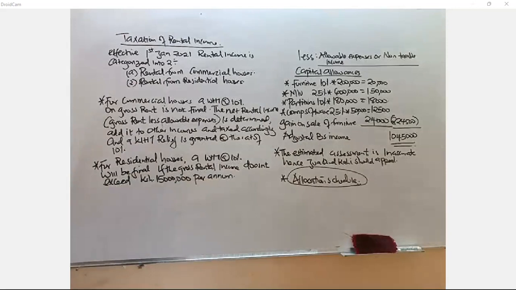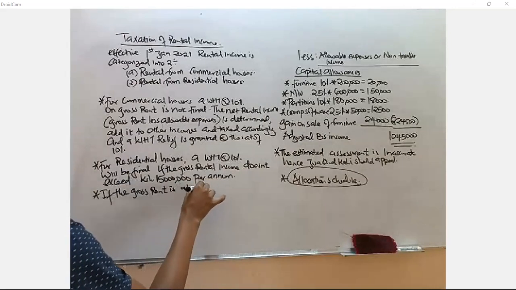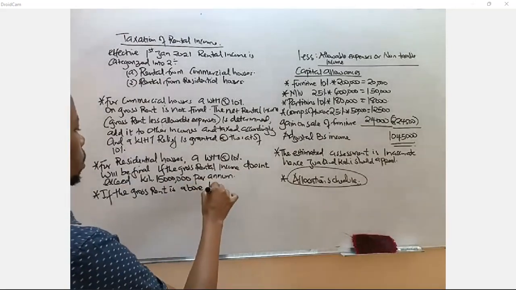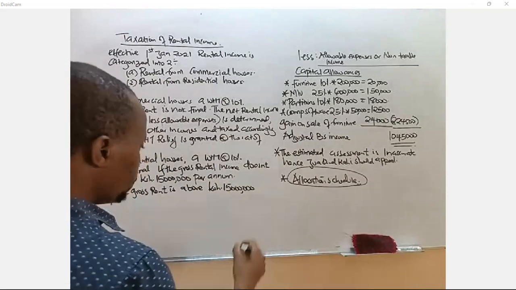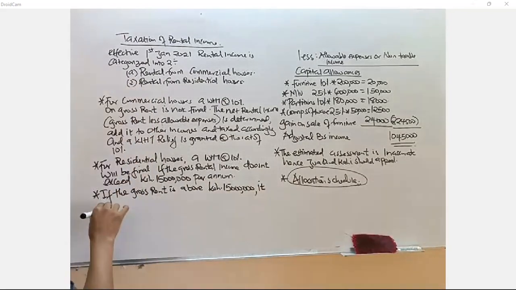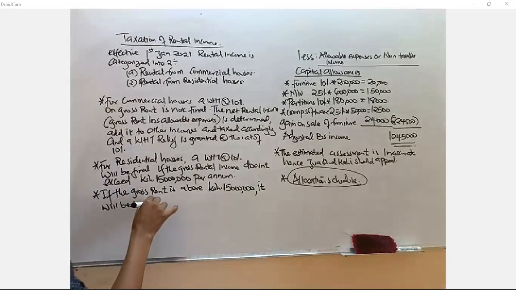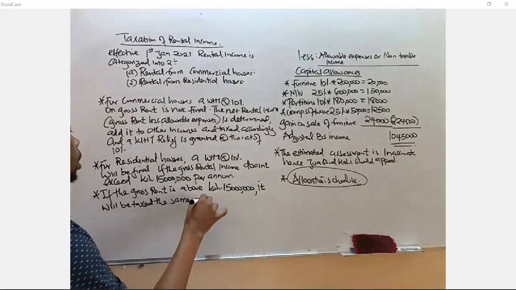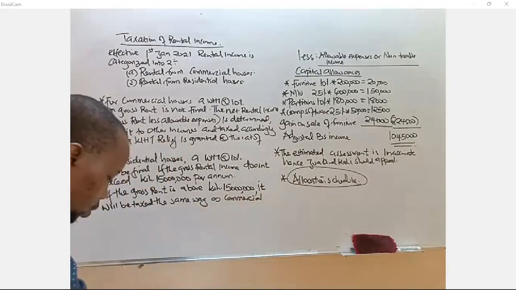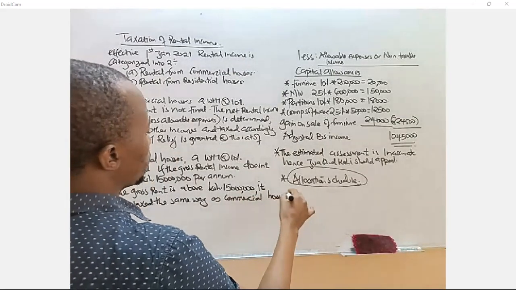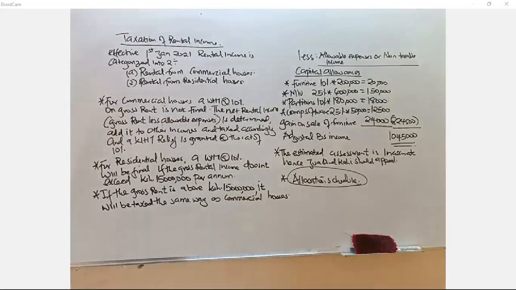If the gross rent is above 15 million, it will be taxed the same way as commercial houses.